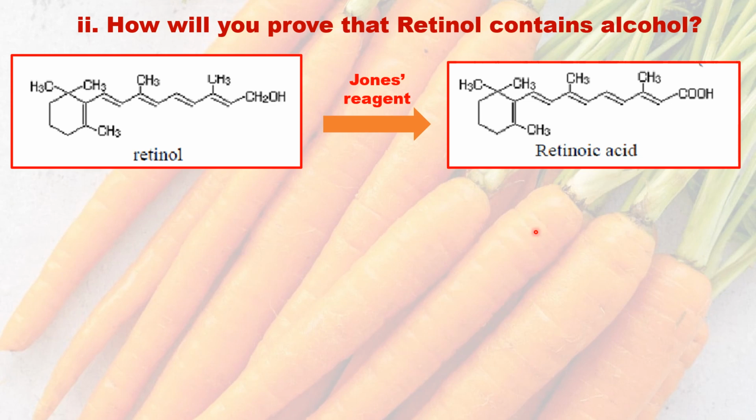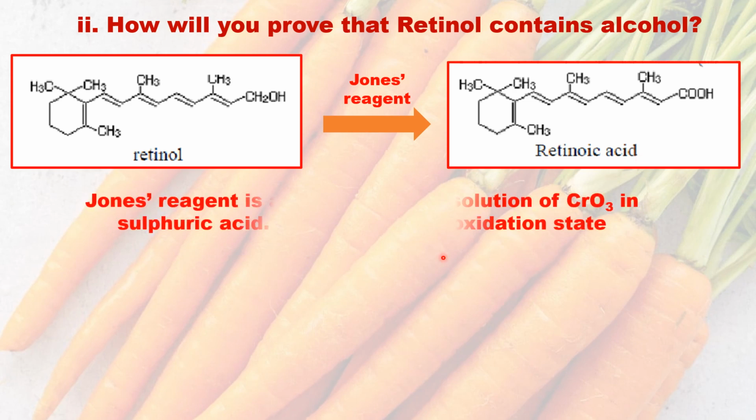In this regard, we have to take a strong oxidizing agent like Jones reagent. Jones reagent is a chromium trioxide solution in dilute sulfuric acid, where chromium is in the +6 oxidation state, and the color of chromium +6 is orange. So it's a deep orange color solution.